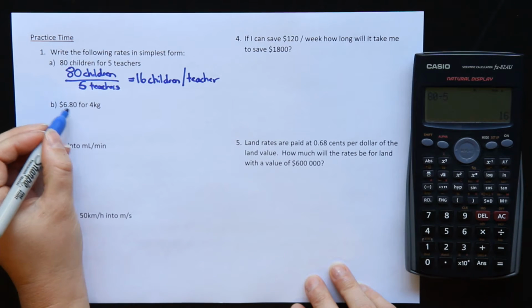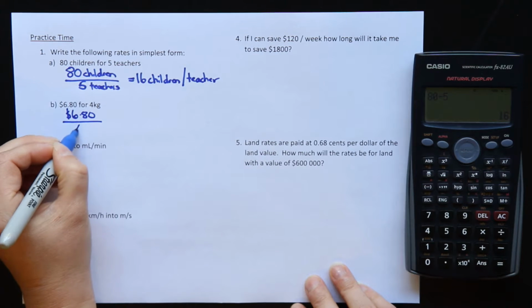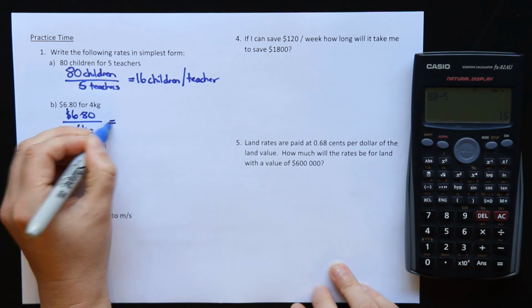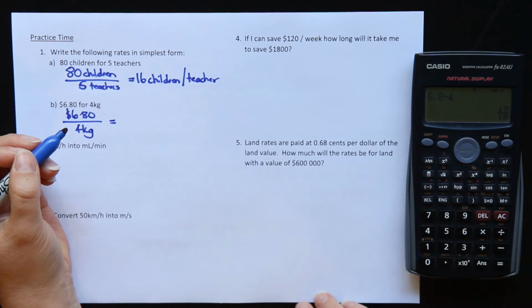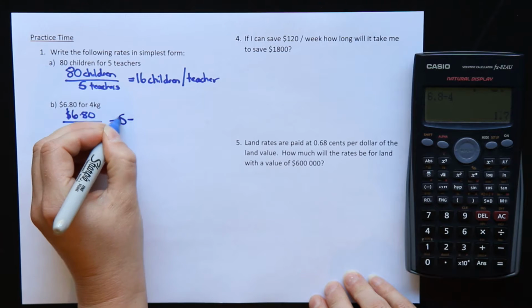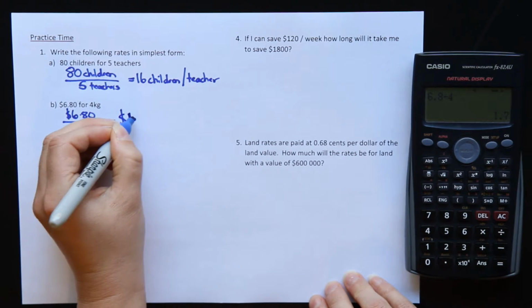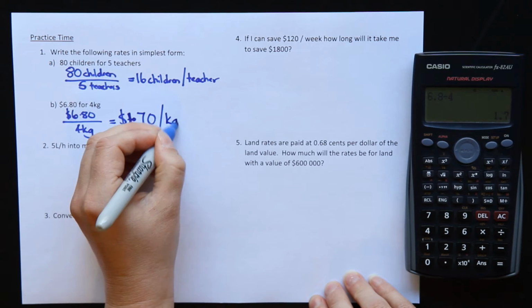Okay, and B, we have $6.80 for 4 kilograms. So if we divide those, $6.80 divided by 4 gives $1.70 per kilogram.